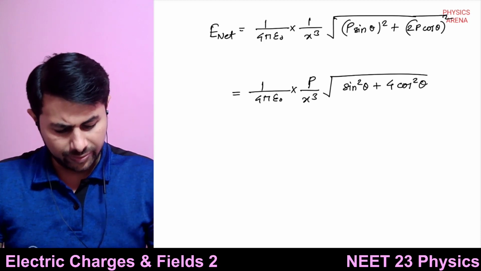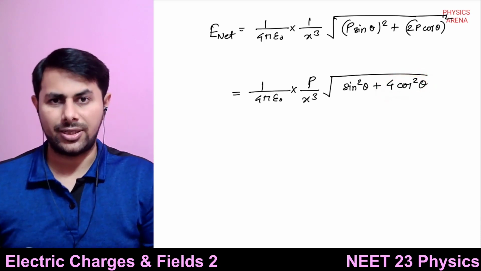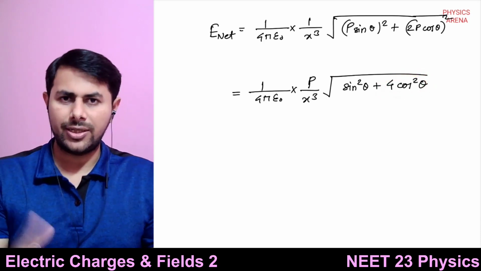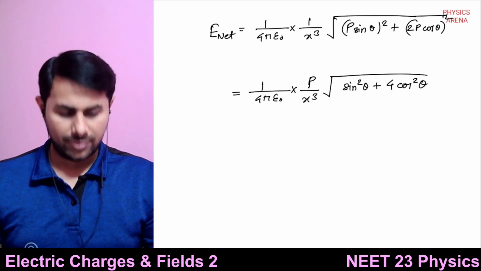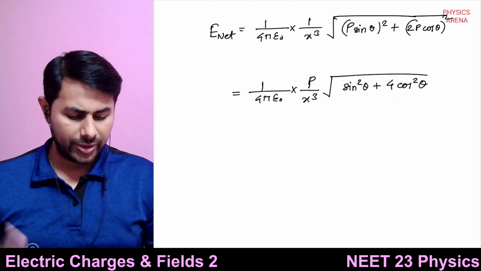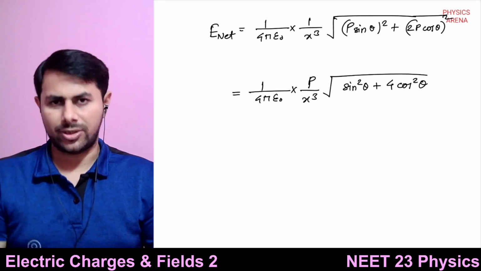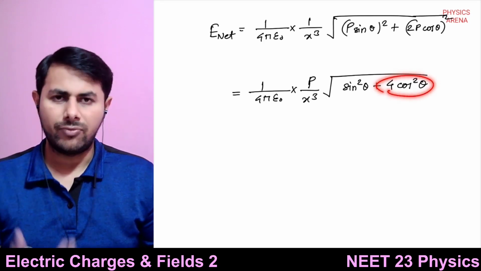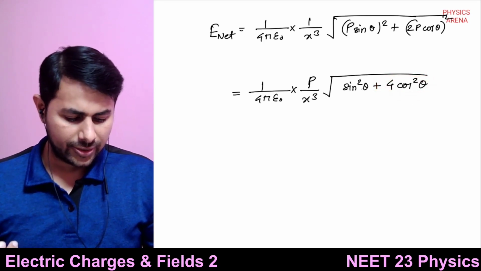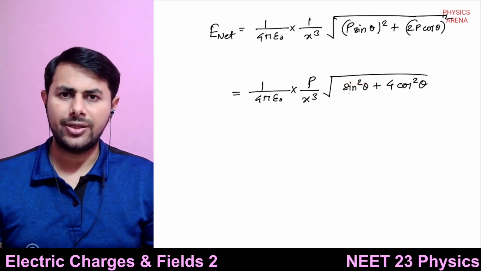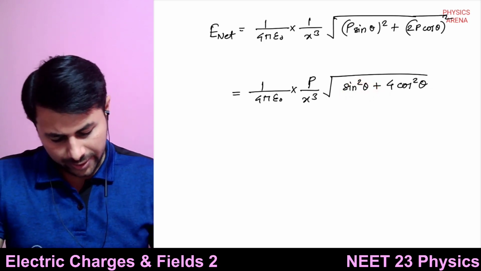And then we'll take one of these 4 cos square thetas. So cos square theta plus sine square theta is 1. Then we'll be left with 1 plus 3 cos square thetas, because we have taken one of those 4 cos square thetas and added it with sine square theta, right?